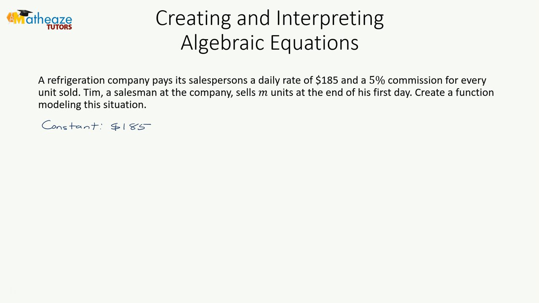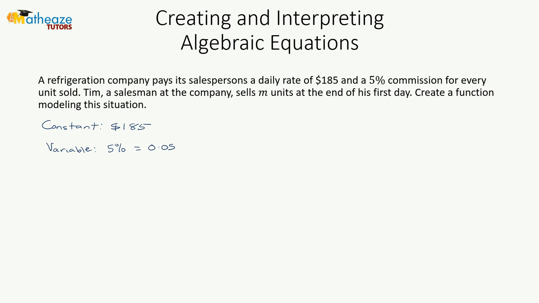So we have a variable, which is a 5% commission. So 5%, which we can also write as 0.05. Tim, who's a salesman at the company, sells M units at the end of his first day. Create a function modeling this situation.